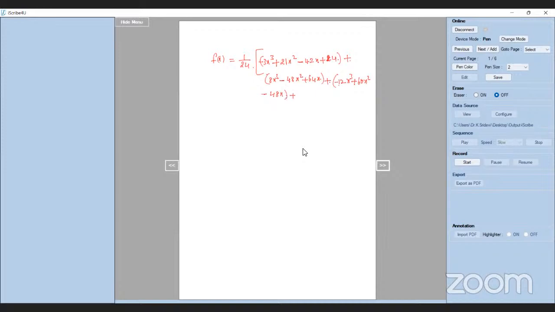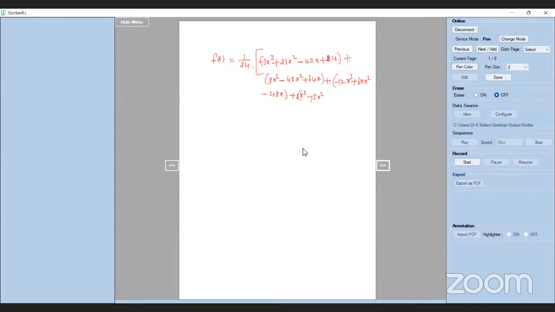Plus the last term is x, 24 1s are 24, that is x cube minus 3x squared. This last one into 5 will be there, ma. Yes, 5.